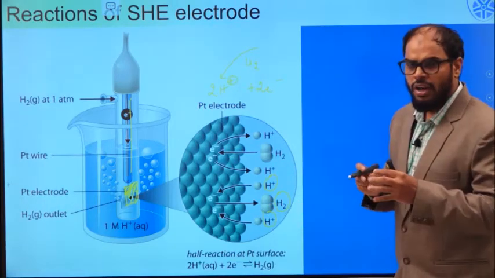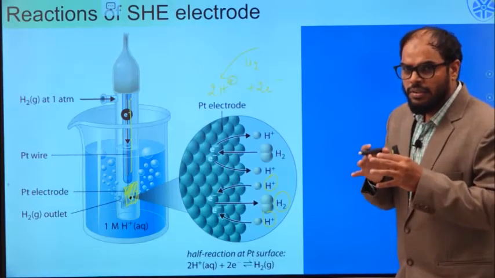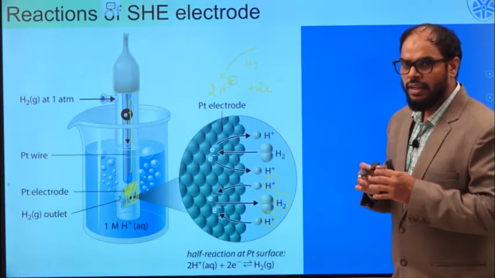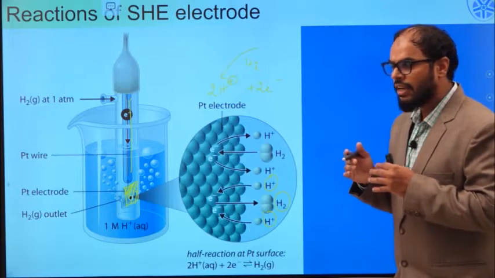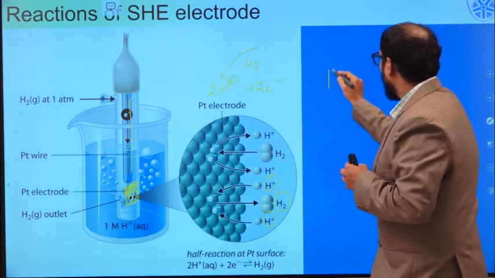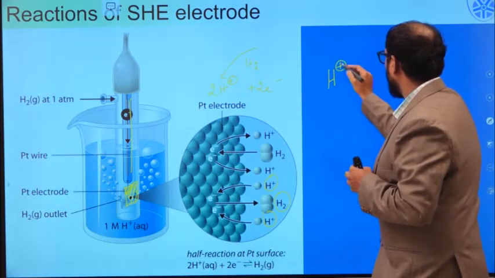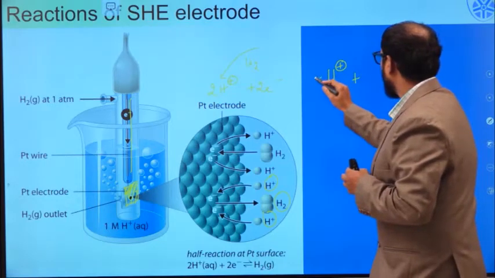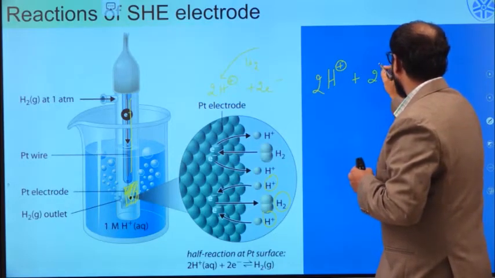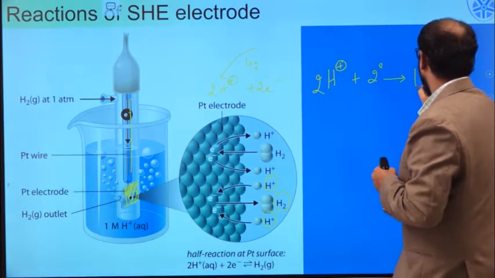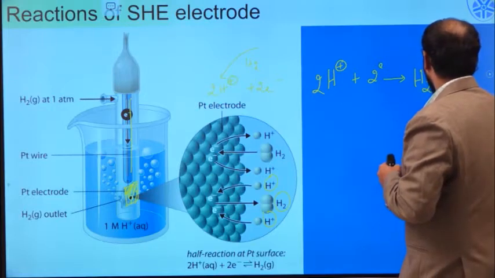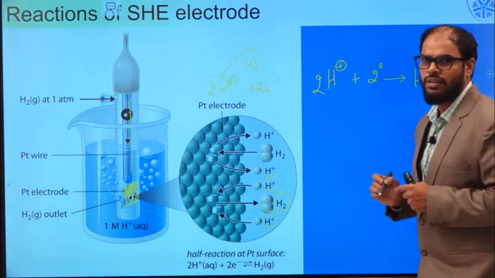And if this SHE electrode can do the reverse reaction, where the H plus ions on taking up 2 electrons convert to hydrogen gas, then this process we call reduction.